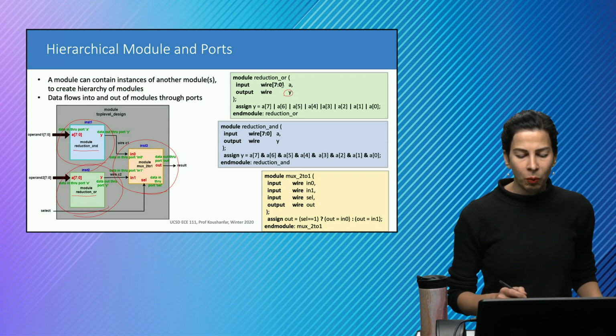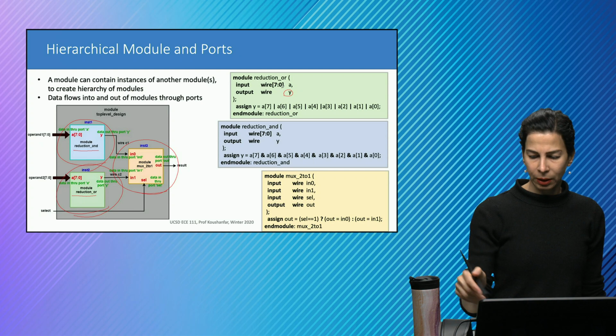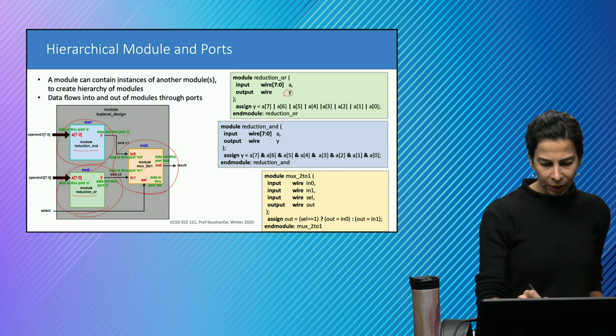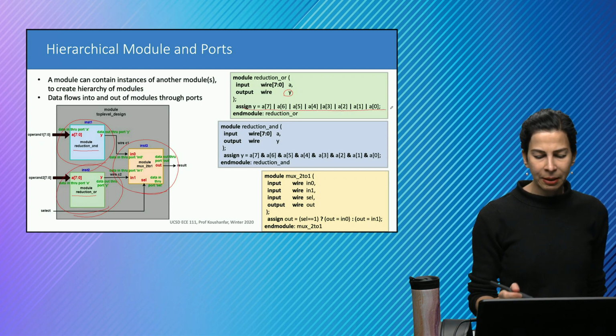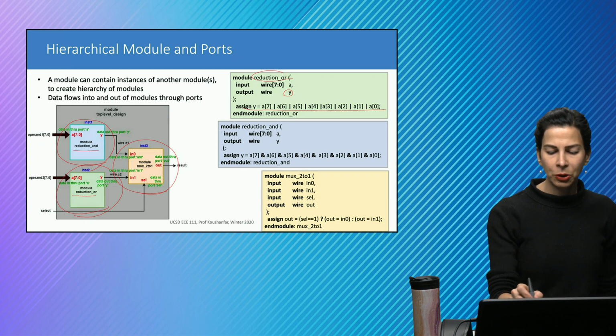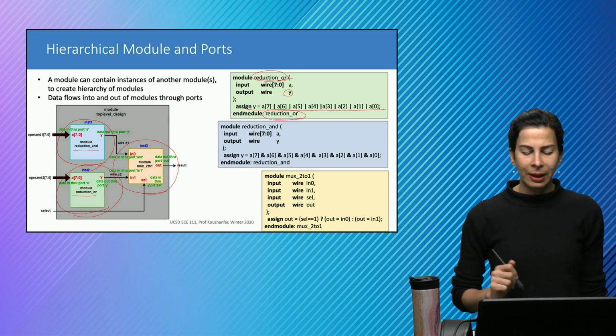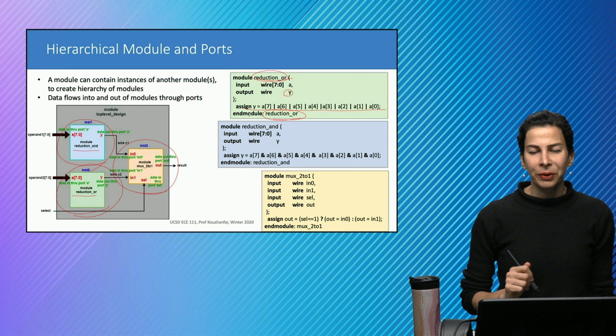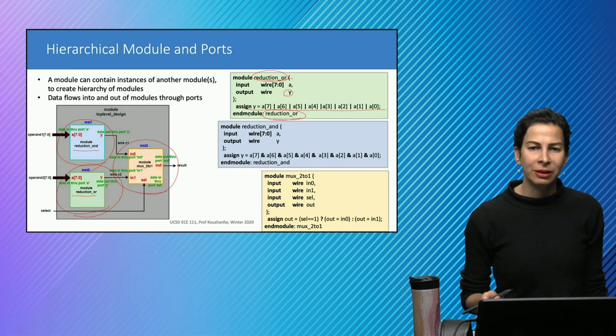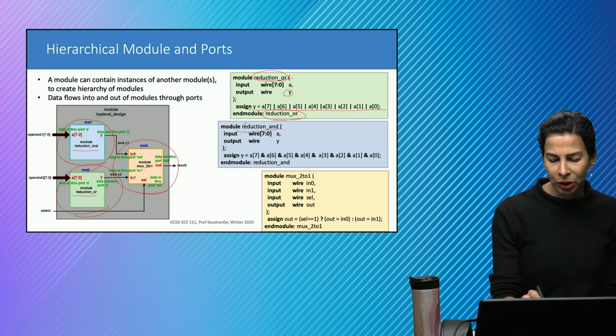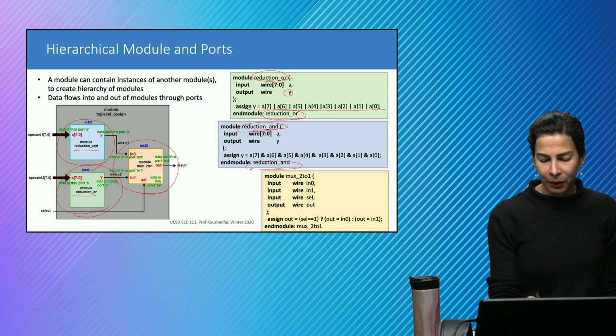There is a combinational function that relates the input and output. Of course, the module is declared with module and endmodule. The same is true for the other modules in this design. Here I have the reduction AND, and I begin and end it. I define the parameters.